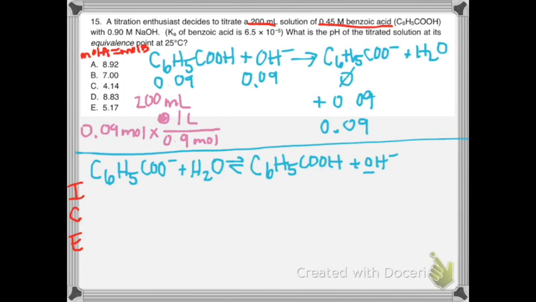So just using the molarity, that tells me that we would need to add 0.1 liters, which is also known as 100 mils. So our final volume is 300 mils.